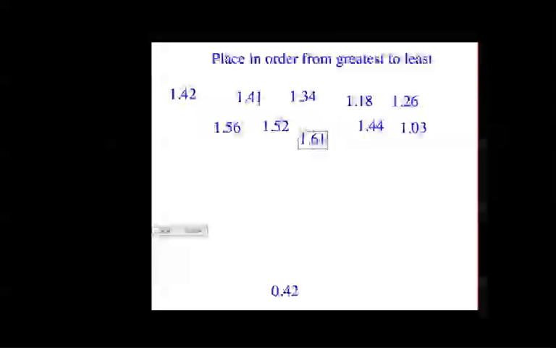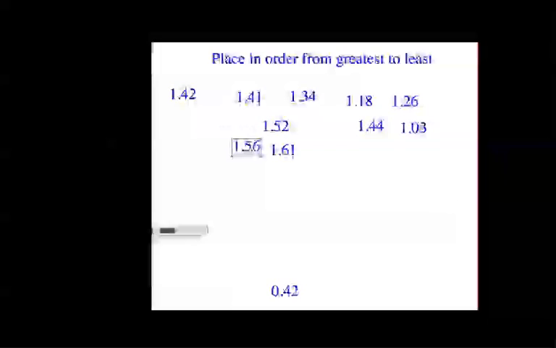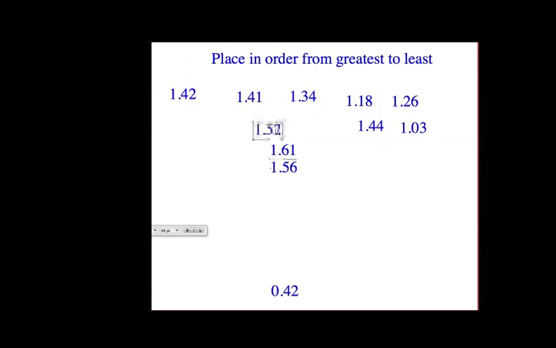The 6 is my greatest value, so this is the largest number in the set. Next, I look to my numbers with a 5 in the tenths place. 6 has a larger value than 2, so 1.56 is greater than 1.52.